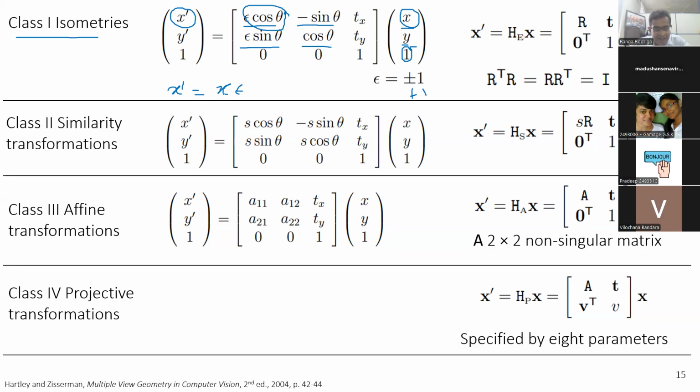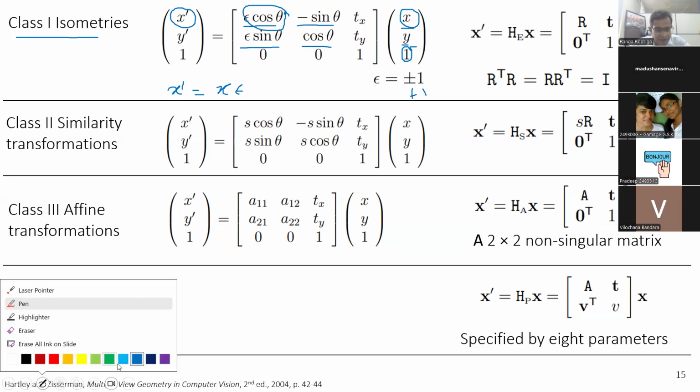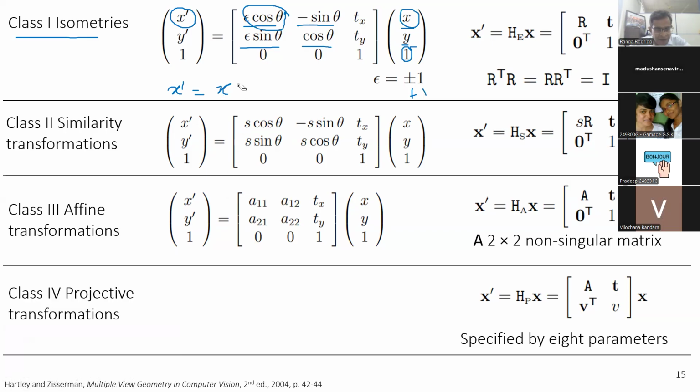So x prime is x cos theta, and minus sin theta multiplies y, giving minus y sin theta.